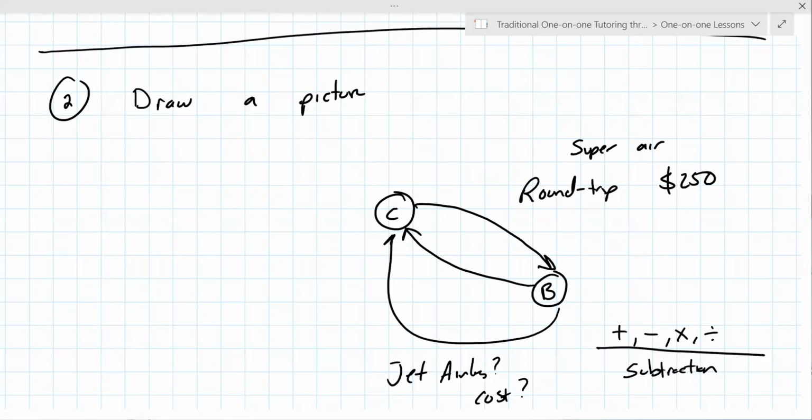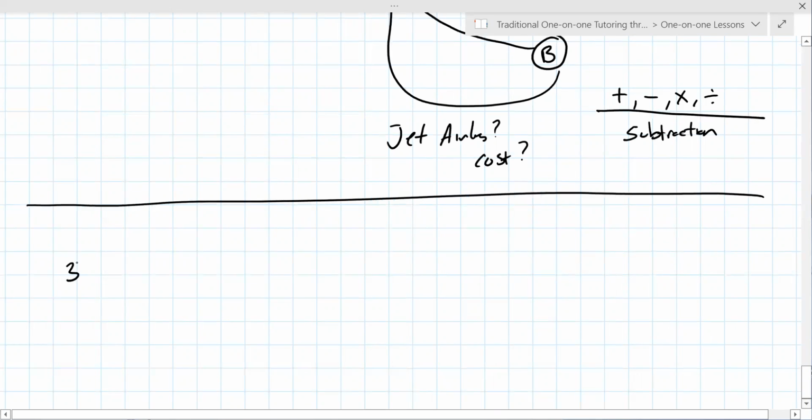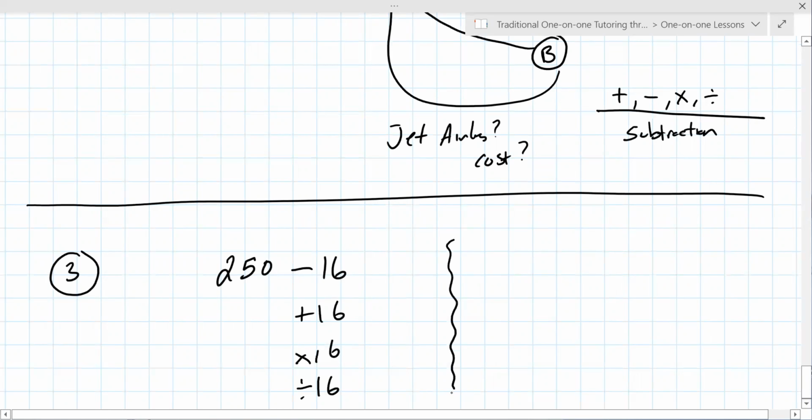All right. So all of that is step two. So step three is to actually do the operations. Okay. So the question is, is it 250 like we just talked about, minus 16? Is it plus 16? Is it times 16? Is it divided by 16? It could be minus 16.